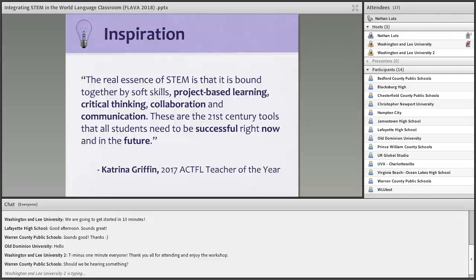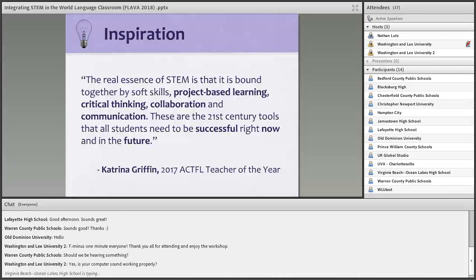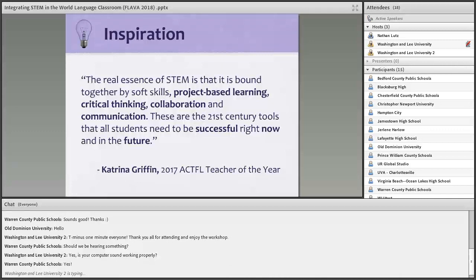I'm seeing a note that somebody says, should we be hearing something? Is there not audio? It looks like there's audio on my end. Can others hear?